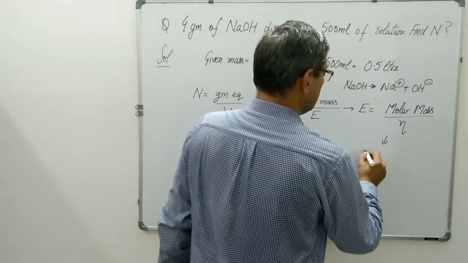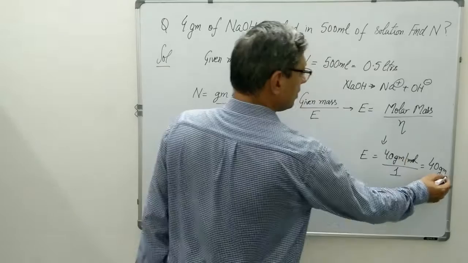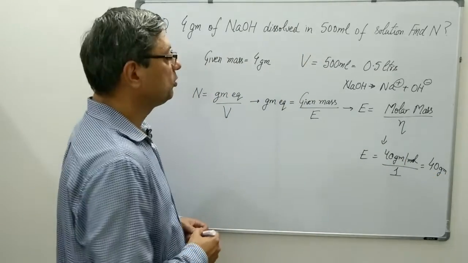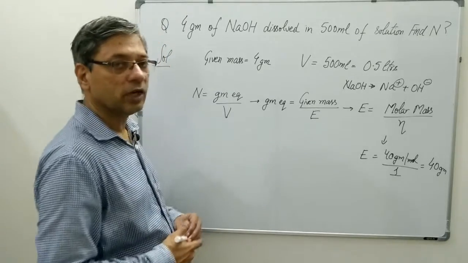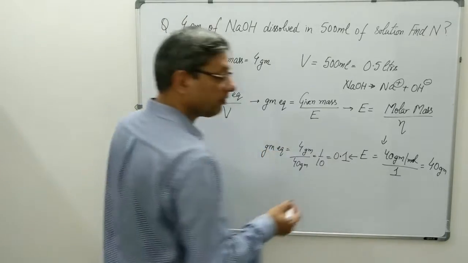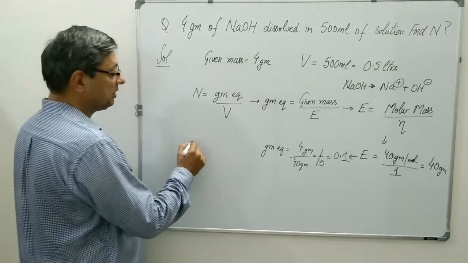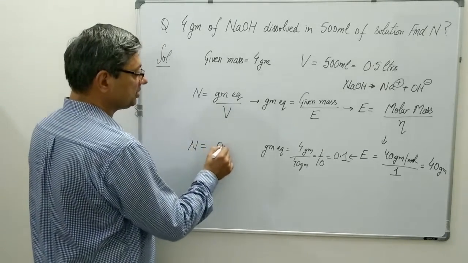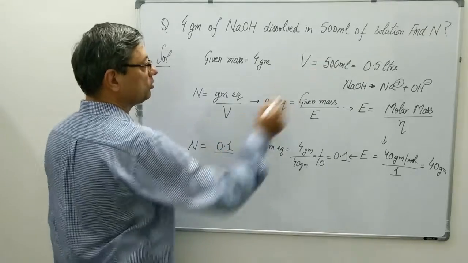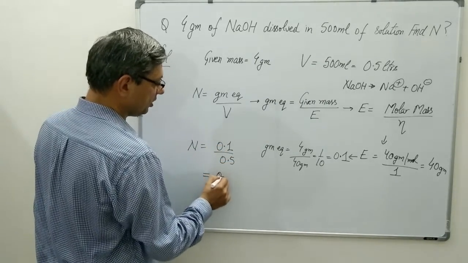Therefore, E will be equal to 40 grams per mole upon 1. Equivalent mass comes out to be 40 grams. Putting equivalent mass in the formula to calculate gram equivalents, gram equivalents comes out to be 0.1. Now we can calculate the normality, because we know gram equivalents is 0.1 and we also know the volume, that is 0.5, and the answer will be 0.2.